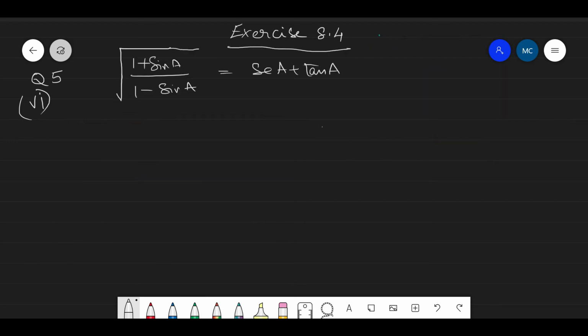Next problem is square root of 1 plus sin A by 1 minus sin A is equal to secant A plus tan A. What we will do? We will take this LHS, and inside the square root only we are going to rationalize this.